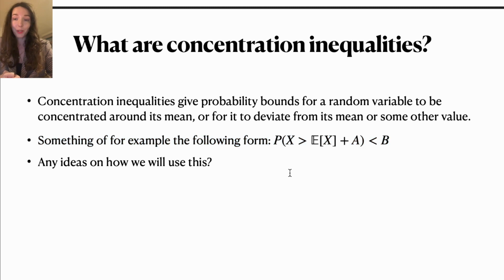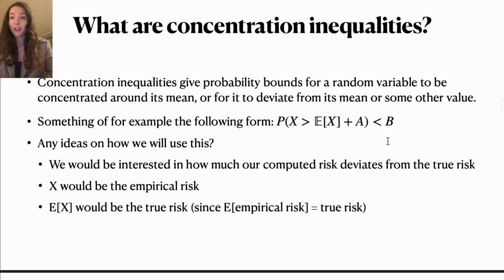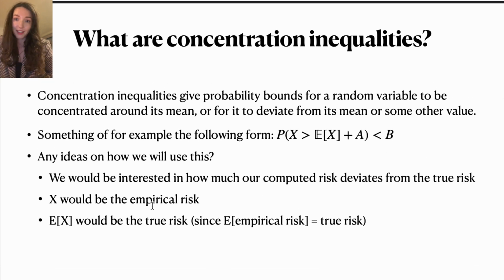So how exactly can we use this? How does this kind of formulation relate to what we were saying before, in that we are interested in bounding the true risk deviation from the empirical risk? What we would then say is that suppose our x denotes the empirical risk, then the expected value of x would be the true risk, since the expected value of the empirical risk amounts back to just the true risk itself.